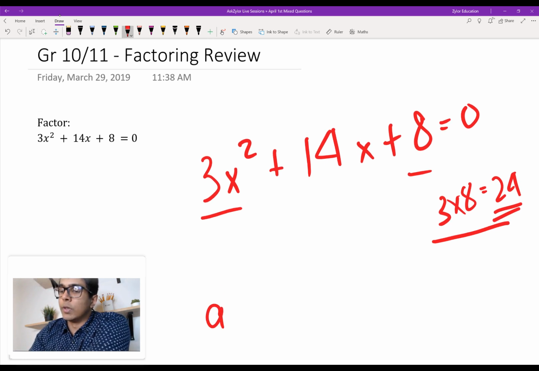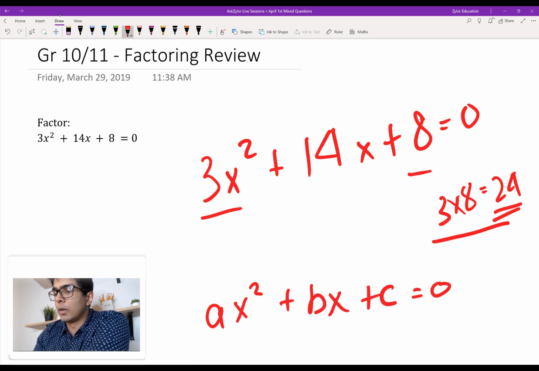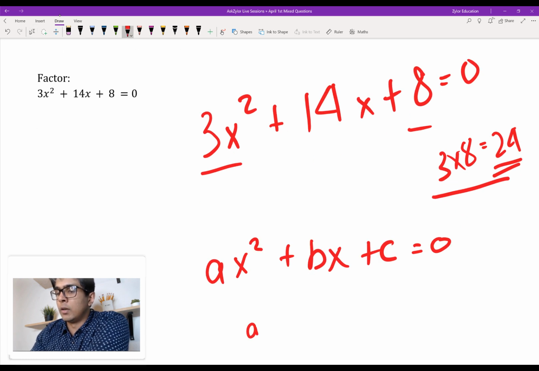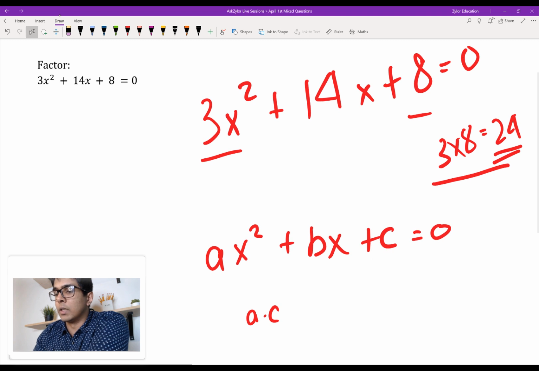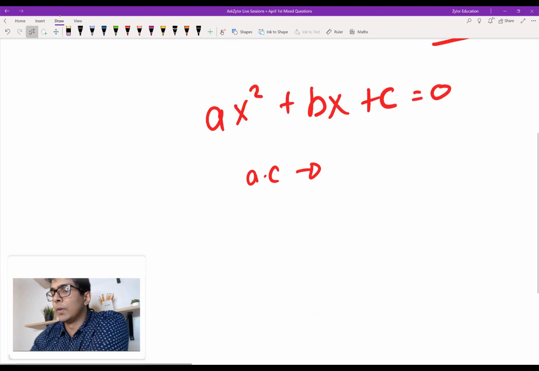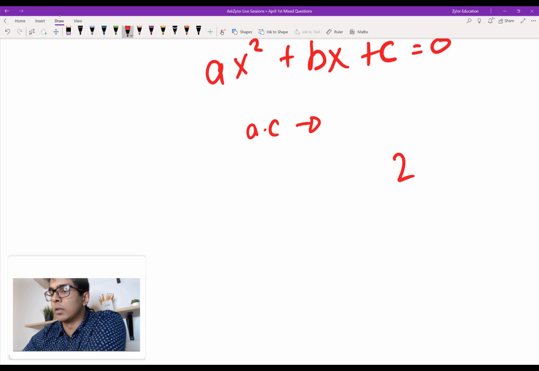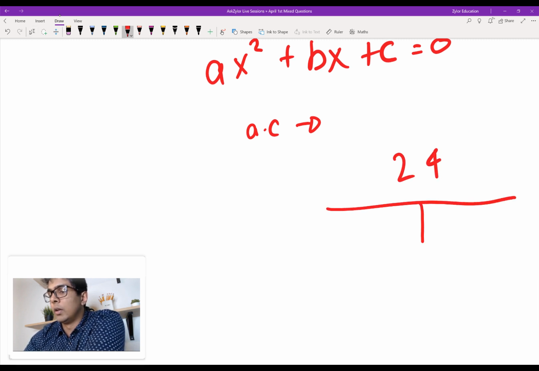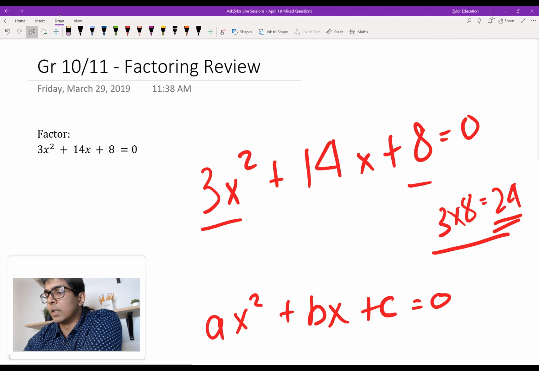So my general equation for a quadratic is ax squared plus bx plus c. I'm going to take my product of a and c, and then find factors for this. In this case, I have 24. So I'm going to go ahead and find factors of 24, but I need to find factors which add up to 14.